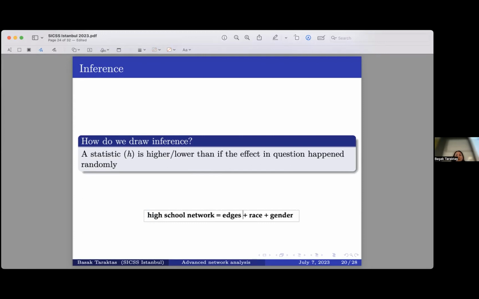So these will all have parameters, right? Some beta 1, beta 2, and R will give you an output of this. So suppose you have this.